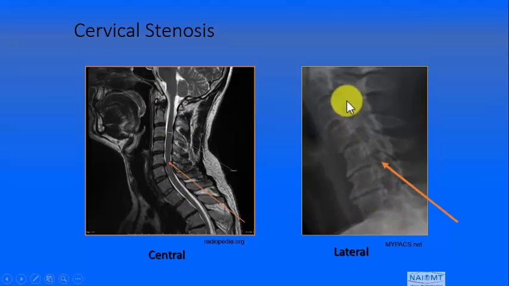At this level, we see a nice patent opening in the intervertebral foramen in the posterior lateral view of the X-ray. But at this level, we see that disc degeneration, along with spurring, has reduced that lateral foraminal opening, which is where the nerve root exits and where the radicular arteries enter.